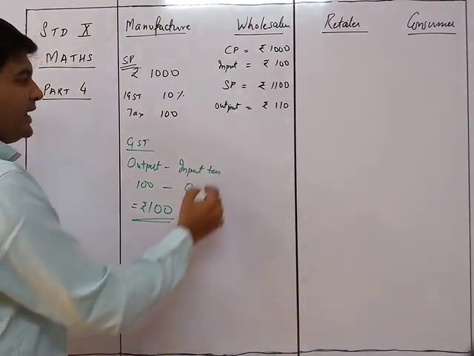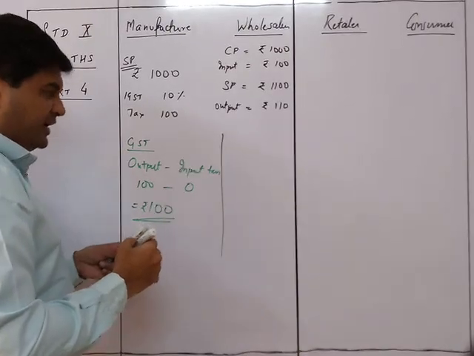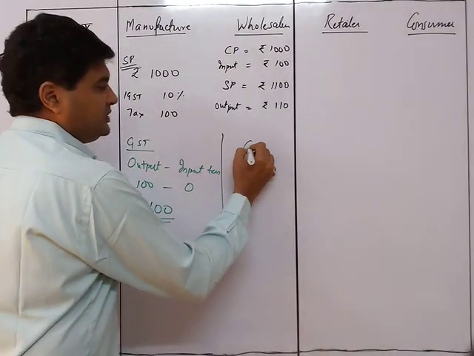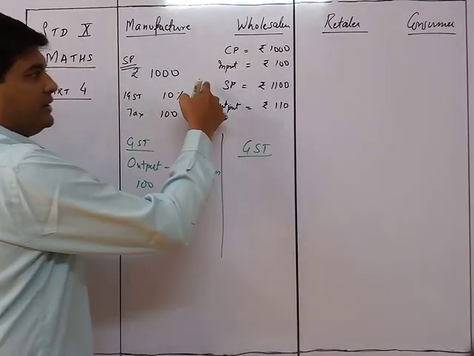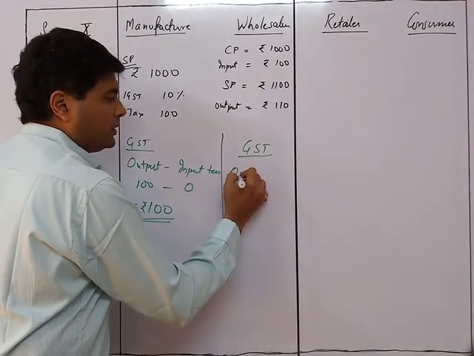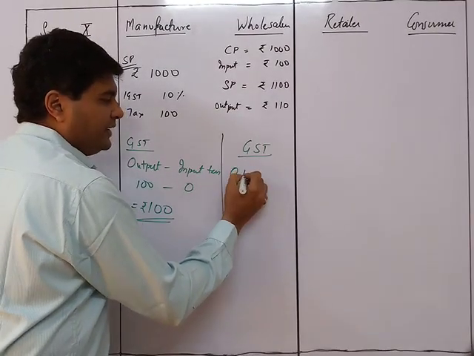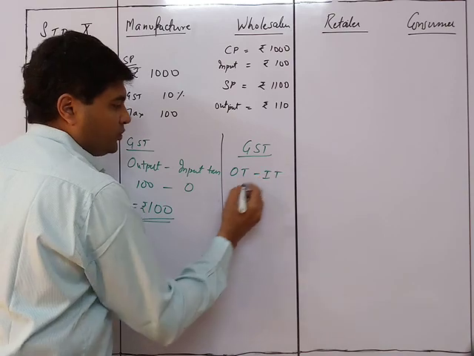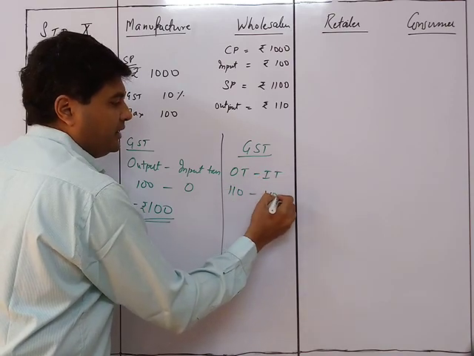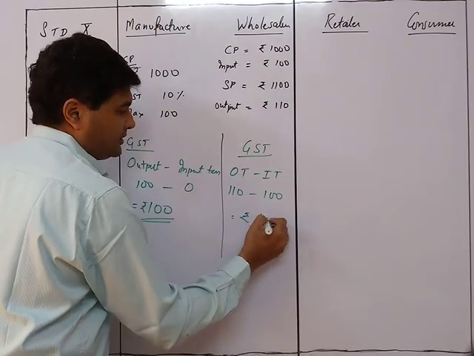Got it? So accordingly, we will see what will be the tax he is going to pay. So according to the GST rule, we have output tax minus input tax, which is 110 minus 100, equals rupees 10.